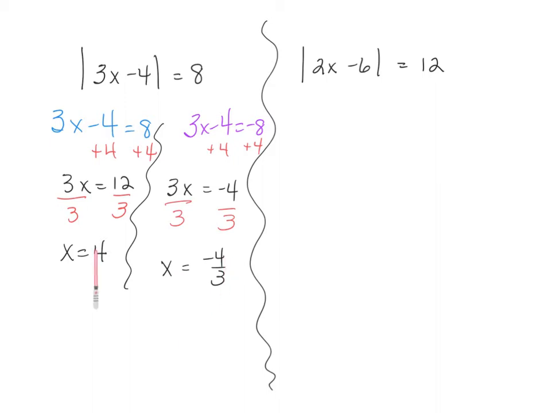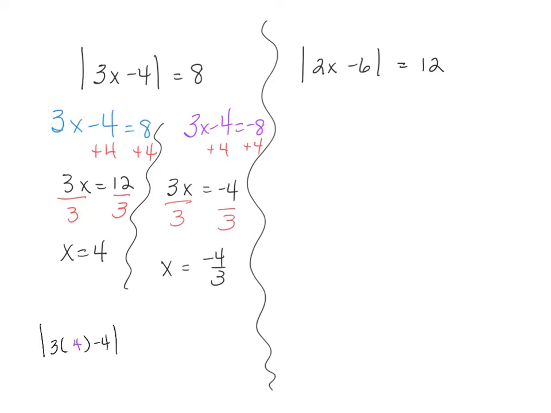I'm then going to want to take this and plug it in. So if I take this x value and plug it in, it will look like this. We're going to put the 4 right there.